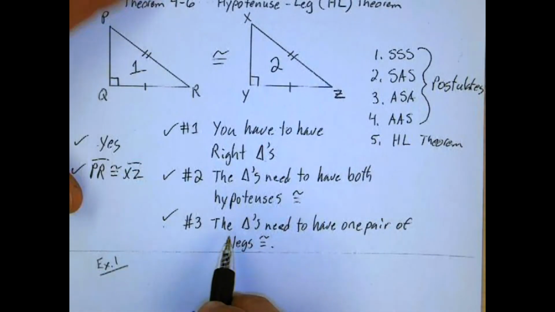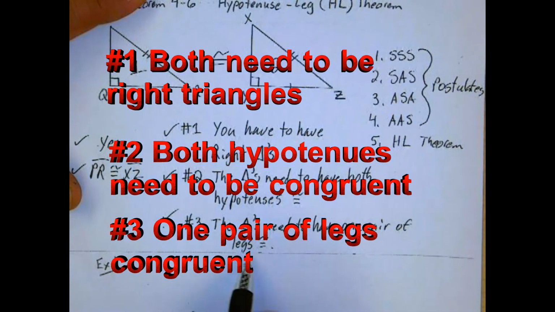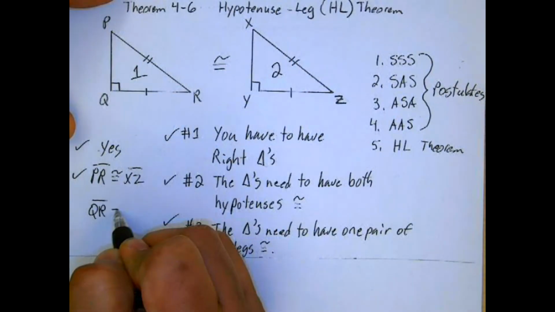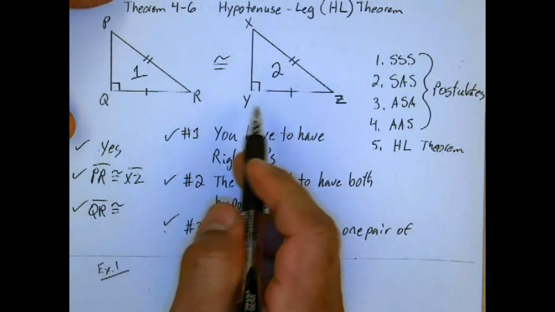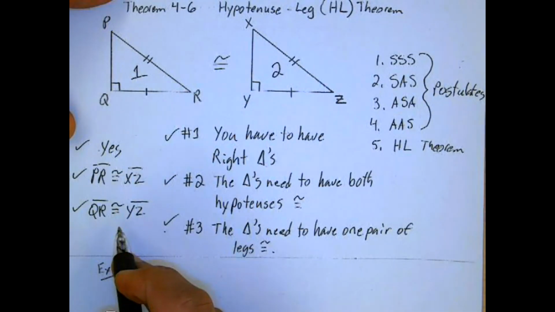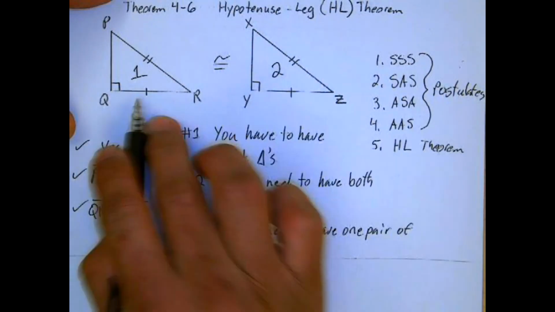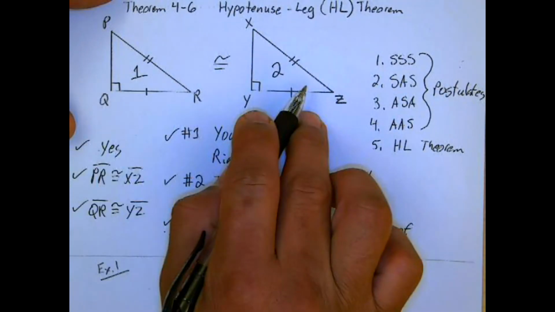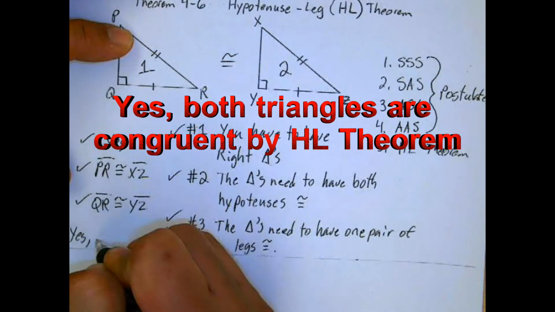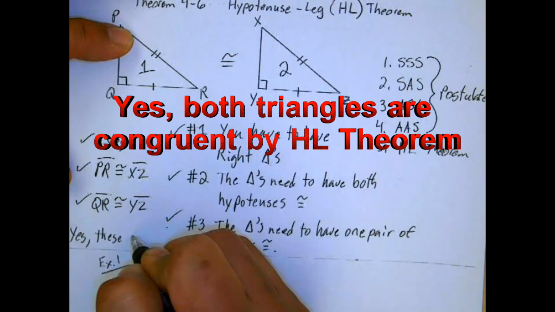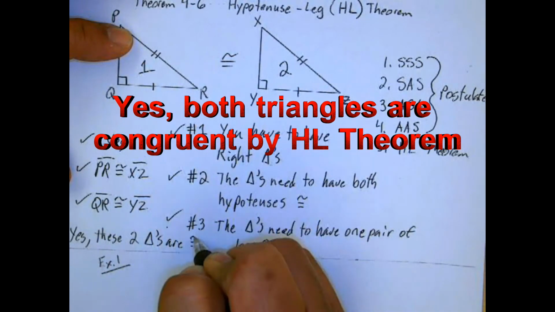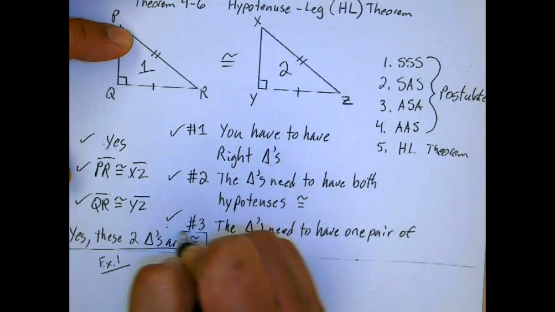And so the third thing is the triangles need to have one pair of legs congruent. So if you look at QR being congruent to YZ, we have three things in both triangles corresponding to each other, so we can say, yes, these two triangles are congruent. We can box that in.